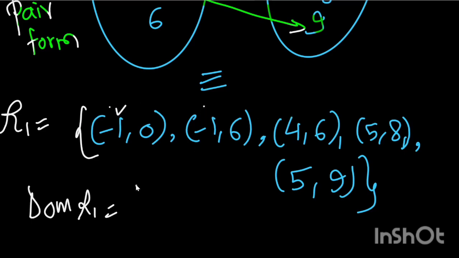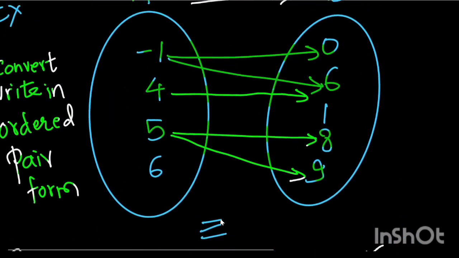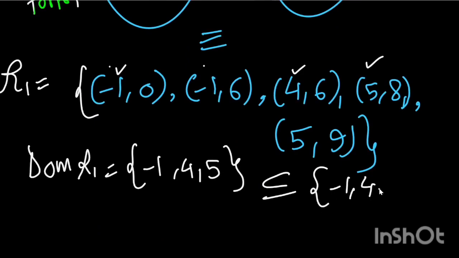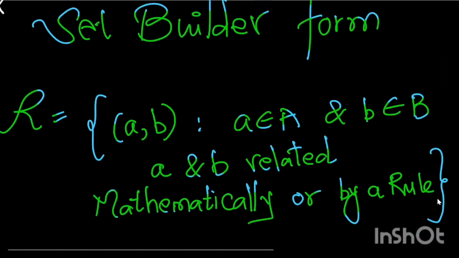We won't write minus 1 twice, only once. That is the domain, guys. As you can see, it is a subset of minus 1, 4, 5, 6. This is the first element collection, which is the domain of the relation R.